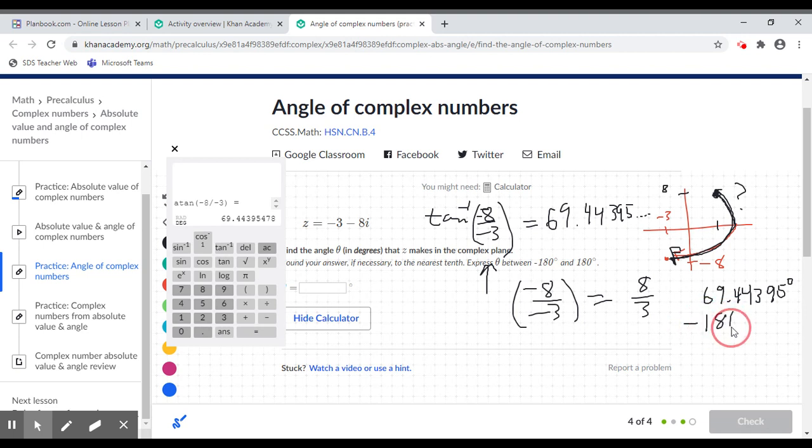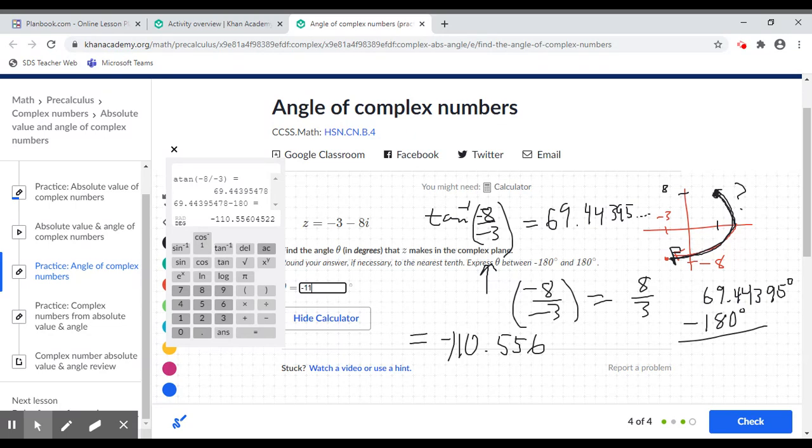It's in the wrong location. We have to subtract a half rotation of a circle, right? Half all the way across. So we should subtract 180. If I subtract 180 from that, I end up with negative 110.556. It says round these to the nearest tenth. So we're going to call it negative 110.6.